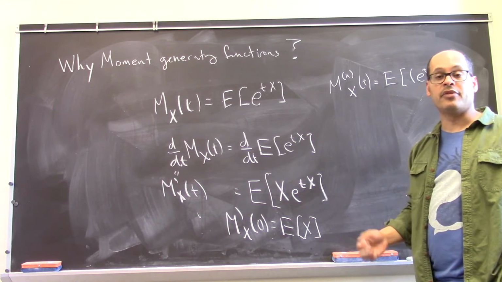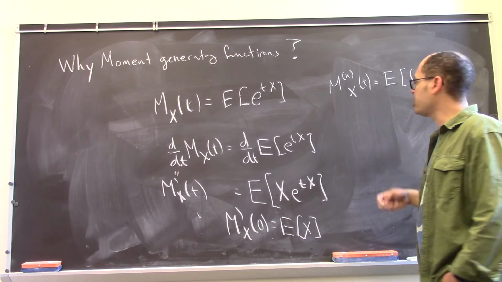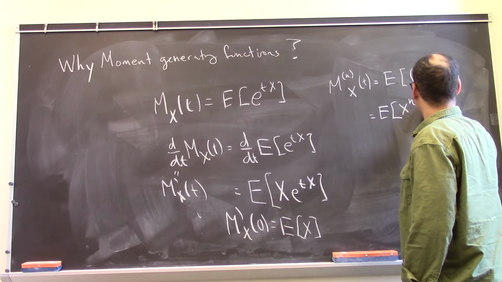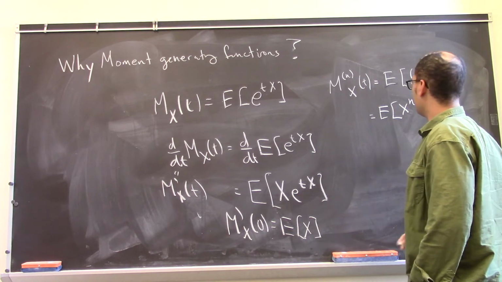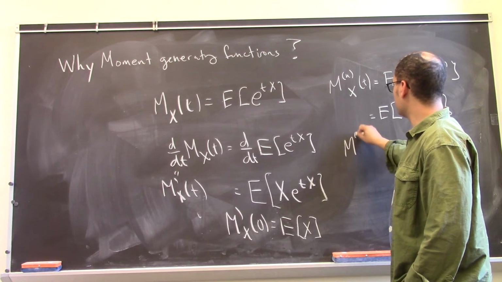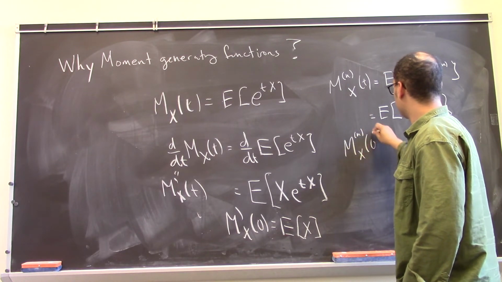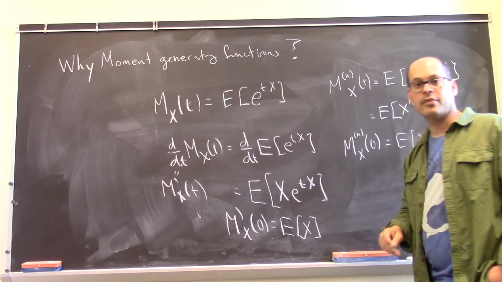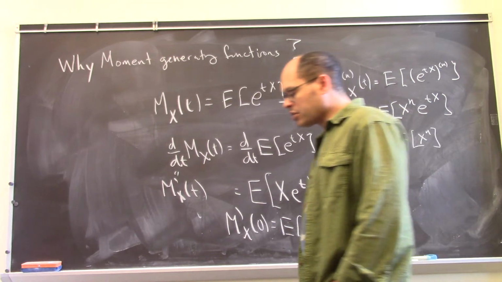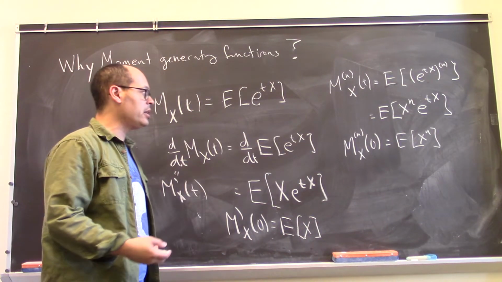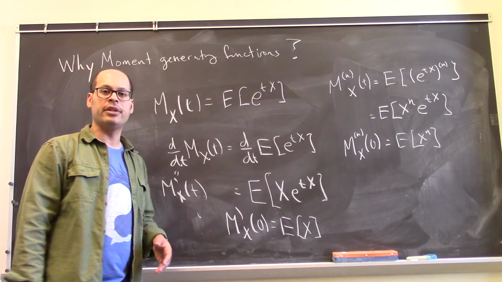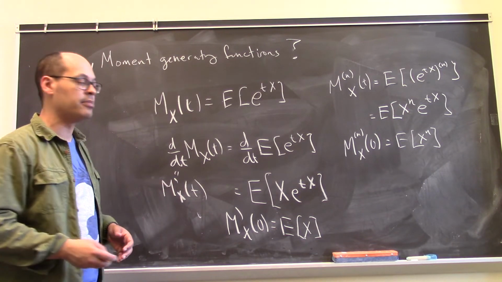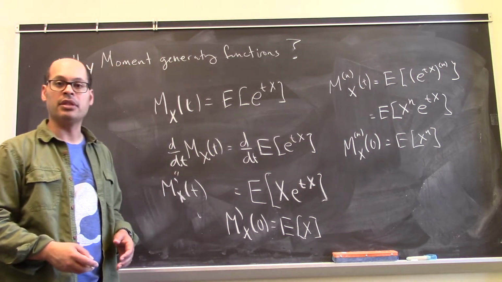Each time you take a derivative, X again is just a constant, it's going to pull down in front, and you're going to get X to the n e to the tX. If you were then to plug in 0, you would get the expected value of X to the n. Okay? So these moment generating functions are really nice in that they encode in an easy to read way information about expected values of powers, which then give us nice shortcuts to compute means and variances and such things.